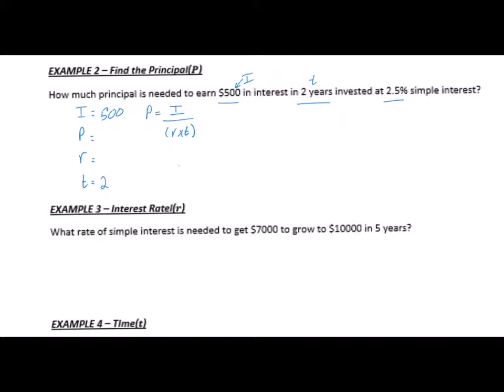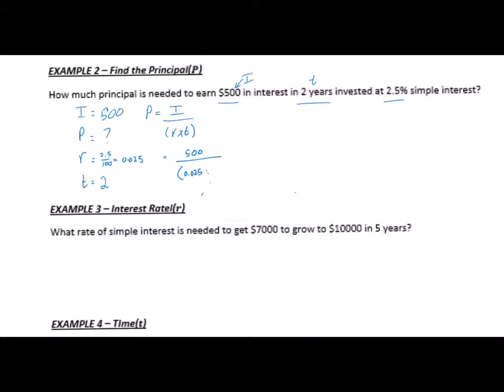It's already in years, so we don't need to change it, but our 2.5% needs to be changed into a decimal. So we go 2.5 divided by 100 equals 0.025.